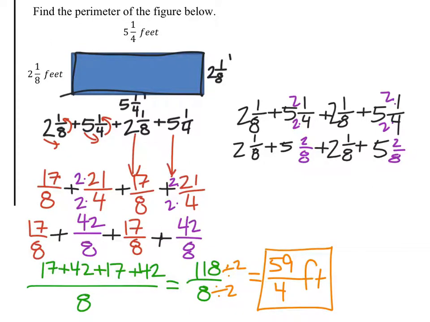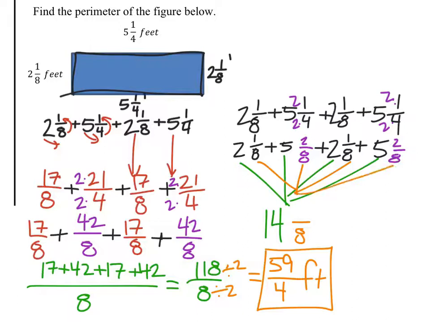So now that I've completed that, I can look at all the whole values. 2 plus 5 plus 2 plus 5 is going to be 14. Then in the number of eighths, and I know I'm going to need to simplify that eventually, that's no problem. In eighths, we'd have 1, 2, 3, 4, 5, 6 of those eighths.